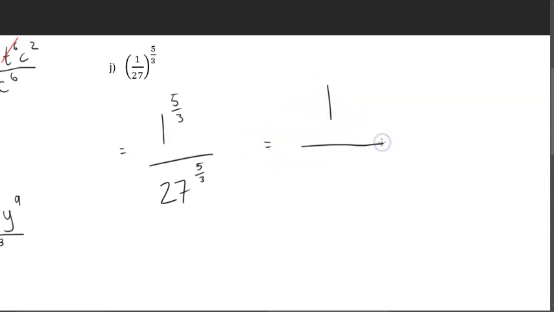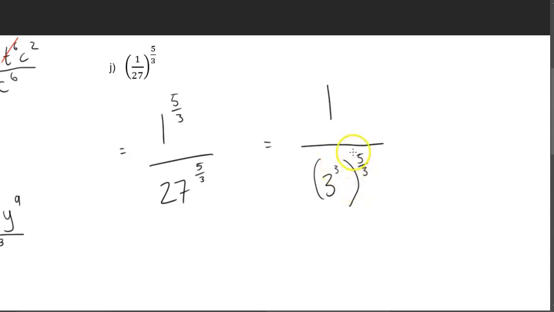Now this 27, 27 to the power 5/3. This seems like a very weird concept, but I do know 27 is 3 times 3 times 3, and it's not obvious. Okay, it's not obvious, but we can write this here as 3 to the power 3 to the power 5/3.